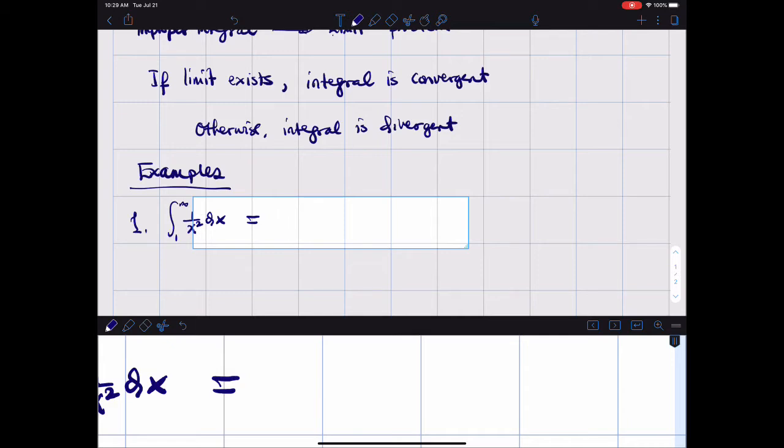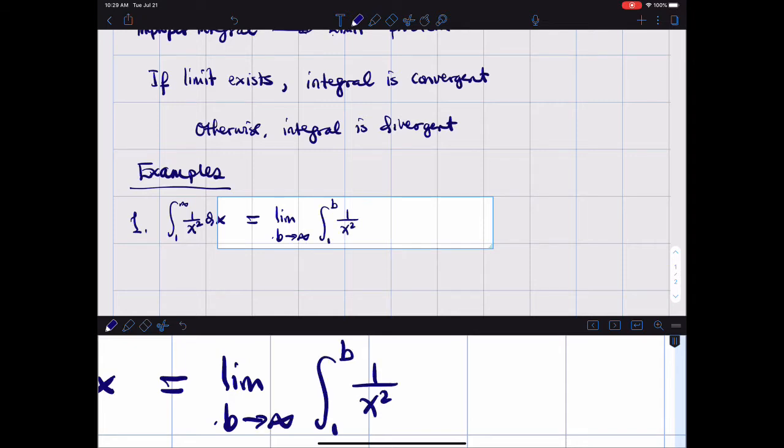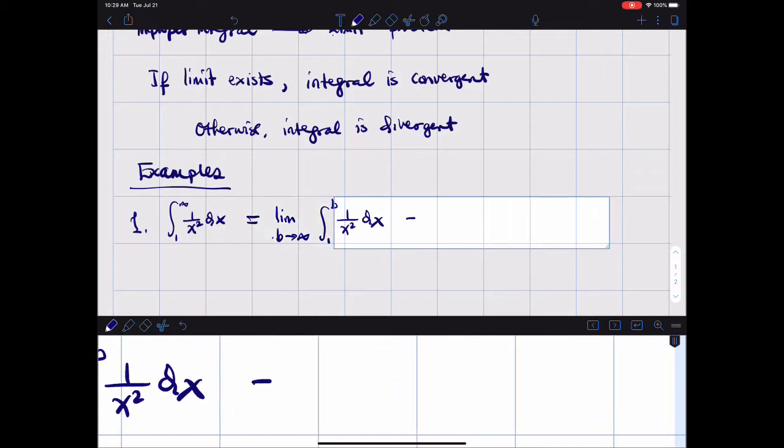Instead of having the infinity there, we rewrite it as the limit as b goes to infinity of the integral from 1 to b of 1 over x squared dx. Now we can solve the integral and then let b go to infinity.